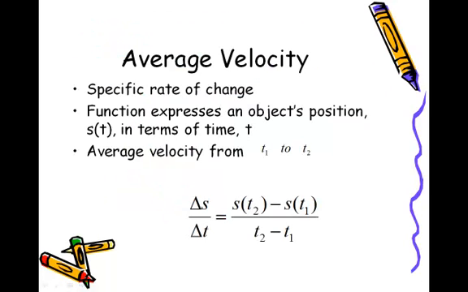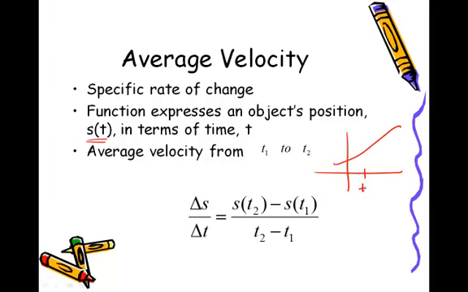A specific rate of change is called average velocity. This has to do with any function that expresses an object's position, which we call s of t, in terms of time. In other words, the average velocity from t1 to t2. So again, back to our miles per hour.